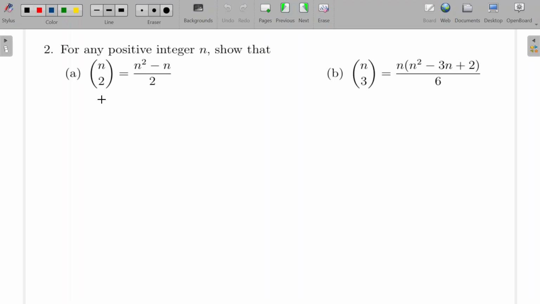So in this one, we have a, which is n combination 2, is supposed to be equal to n squared minus n over 2, and we have b, where n combination 3 is supposed to be equal to n open brackets n squared minus 3n plus 2, over 6. That is what it's supposed to give us.